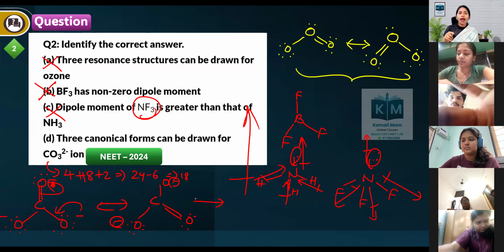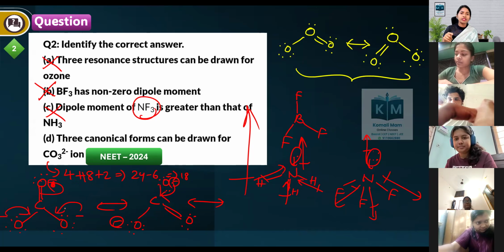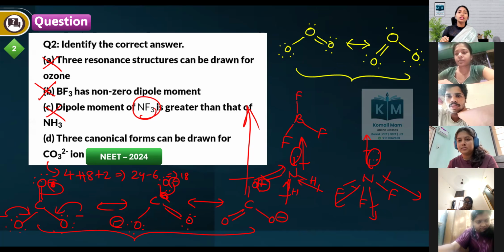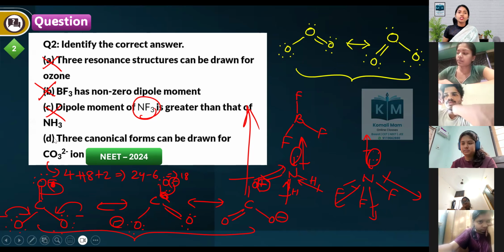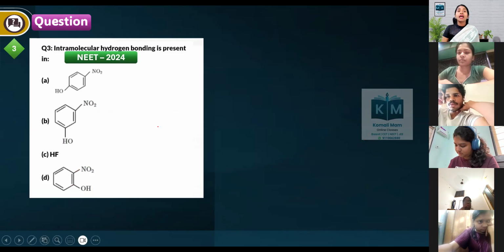Then one more time I shift the lone pair, and I get one more structure like this. Am I right? So how many resonating structures, canonical structures are possible? 3 structures are possible. Option 3 is the correct answer.